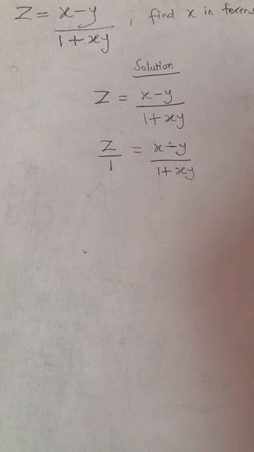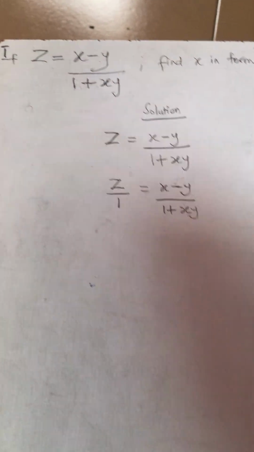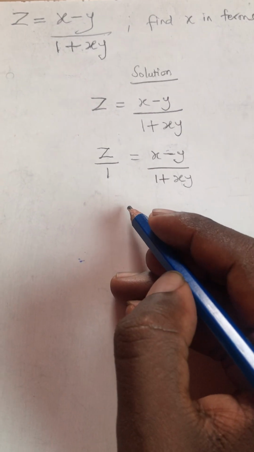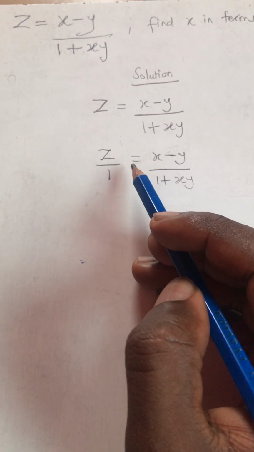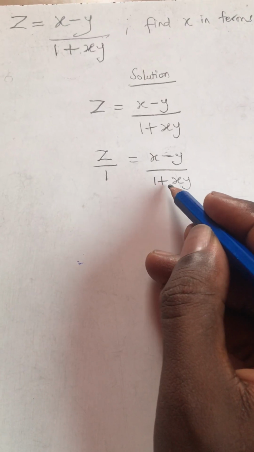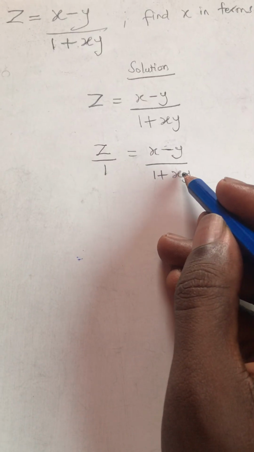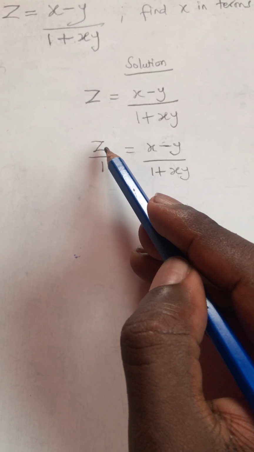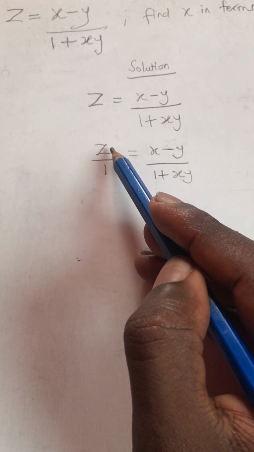As I explained earlier, we have to cross multiply, because these are two fractions separated by the equal to sign. In cross multiplying, the denominator on the right hand side, which is 1 plus x multiplying y, would cross the equal to sign and multiply the numerator on the left hand side, which is z.